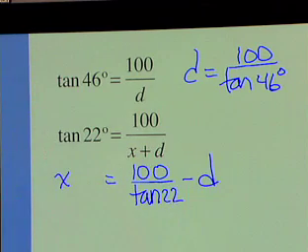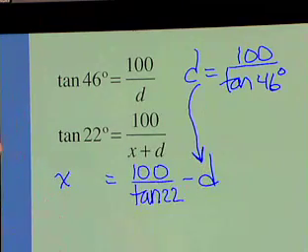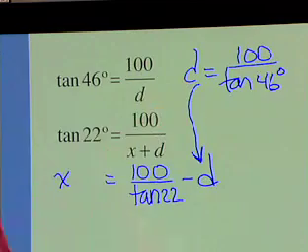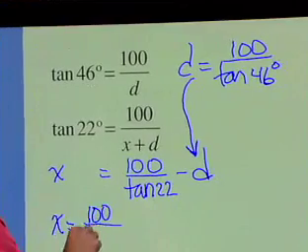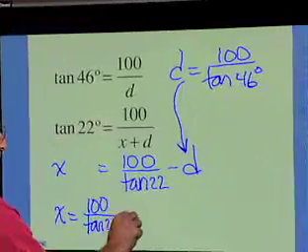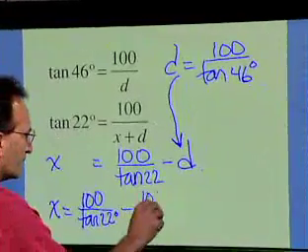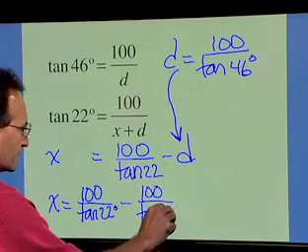And what I will then do is substitute the d from the first equation, and so I get x equals 100 over the tangent of 22 degrees minus 100 over the tangent of 46 degrees.